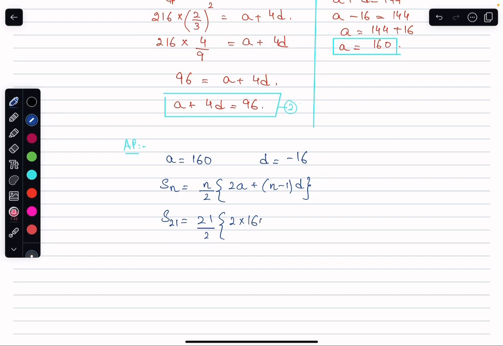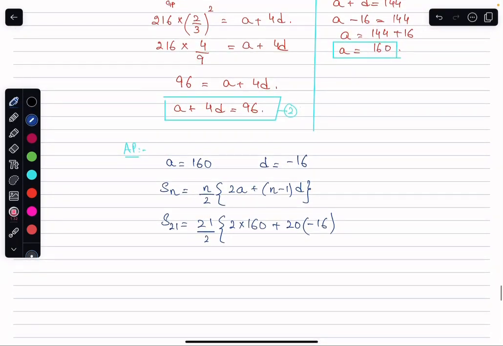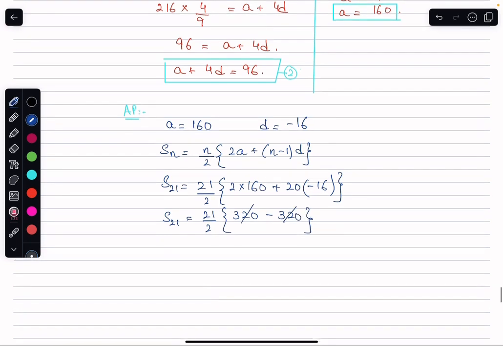So 2 times 160 plus 20 times negative 16, or we can say S of 21 equals 21 by 2 times 320 minus 320. This becomes 0, so the sum of the first 21 terms is going to be 0.